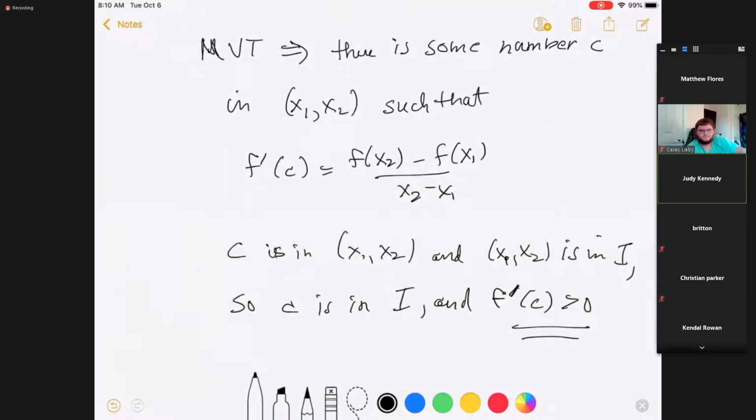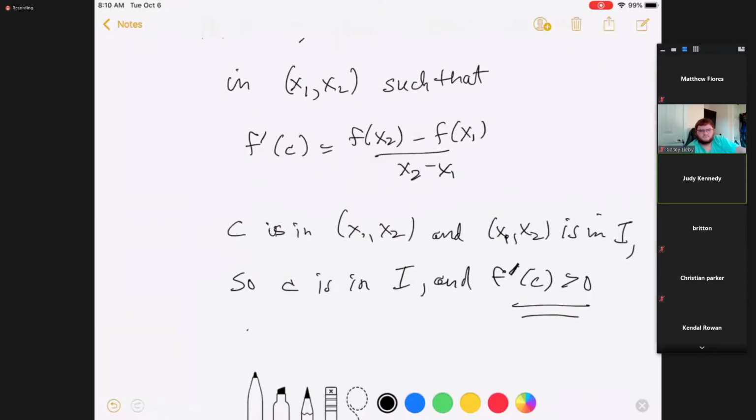Okay, so f prime of c is positive, and x2 minus x1 is also positive.